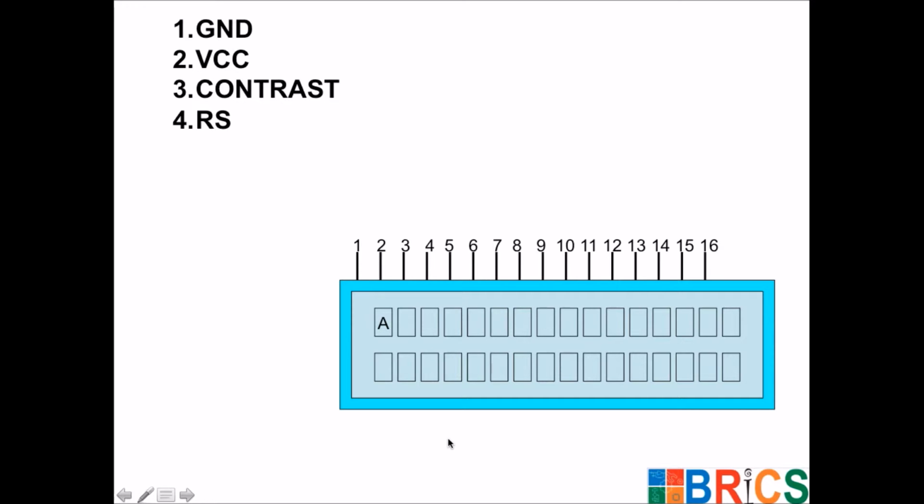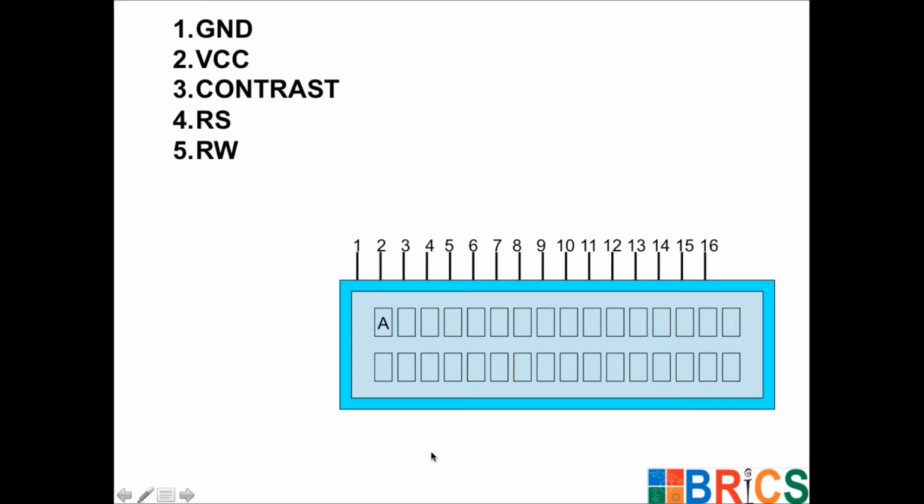Next pin is pin number 5, which is called RW. Actually this pin is used to differentiate between read and write. Whenever we send a number, it's called write and it goes to some memory of the display. If we are interested, we can read back those numbers from the display. For reading and writing we use exactly the same channel which is there on the display.